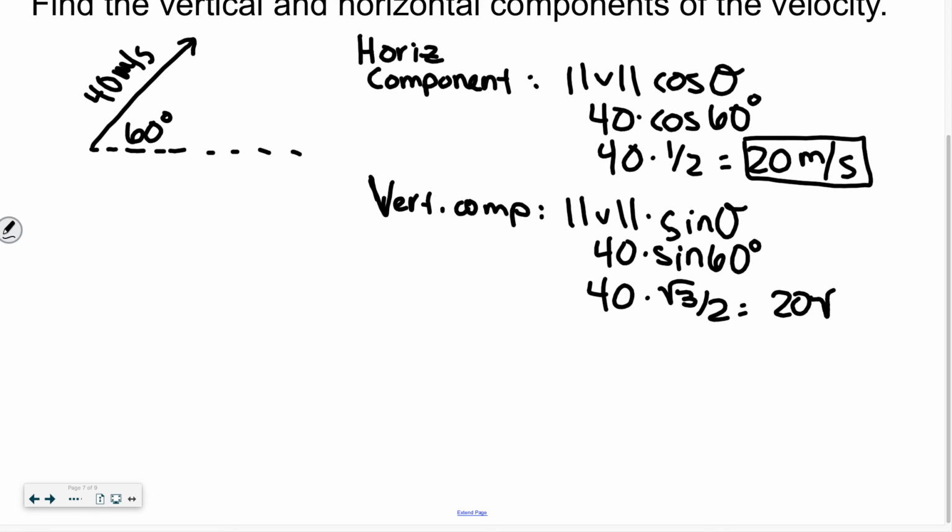So 20 square root 3 meters per second. Now, if you write that out in the component form with the angled brackets, that's fine. I will always then assume your horizontal is the first value and your vertical is the second value, just like we're all accepting that to be the way that it is. So you would want to add in your labels if it's a word problem, so you put meters per second in there.